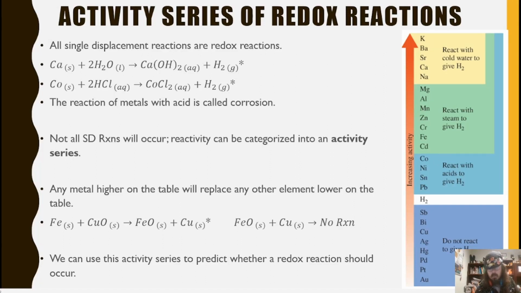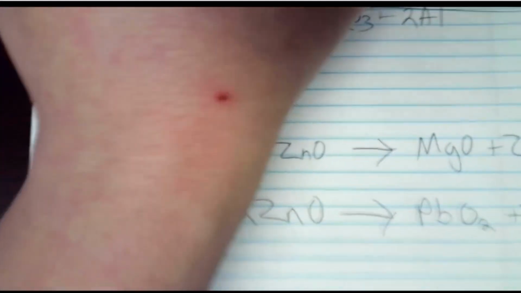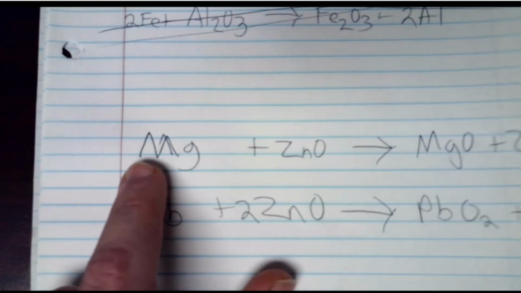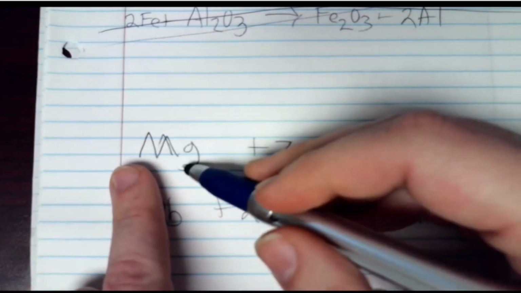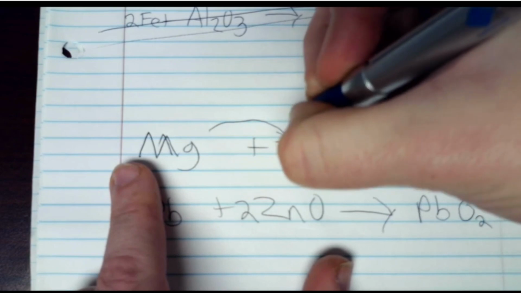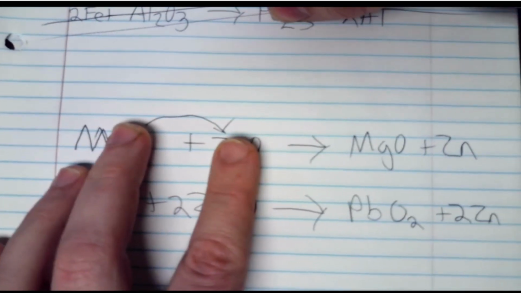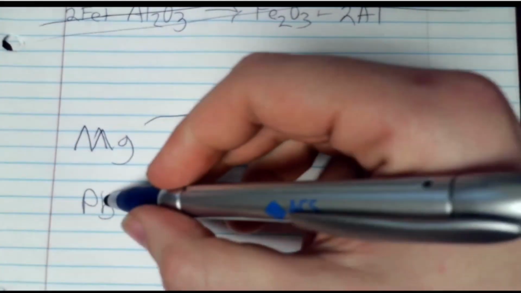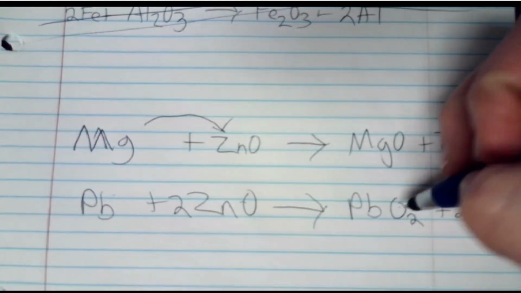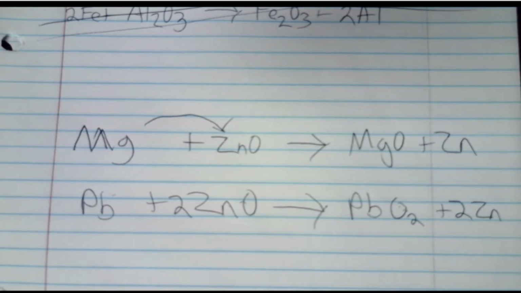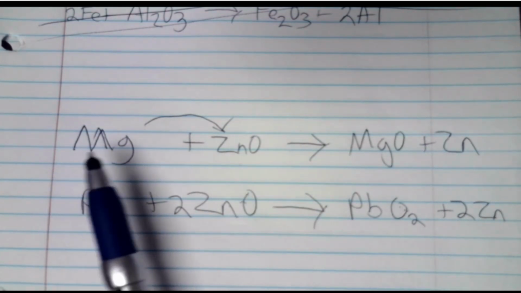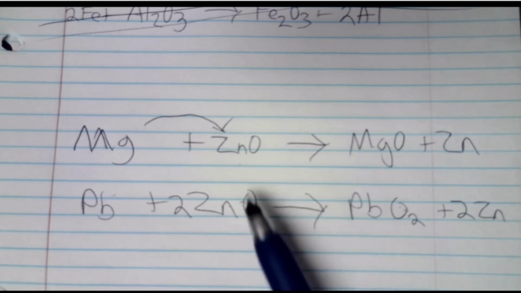So, real quick, this is our last slide. Magnesium and zinc. Will magnesium replace zinc oxide to form magnesium oxide and solid zinc? And then, will lead replace zinc to form lead oxide and solid zinc? So remember, magnesium, lead, and zinc.